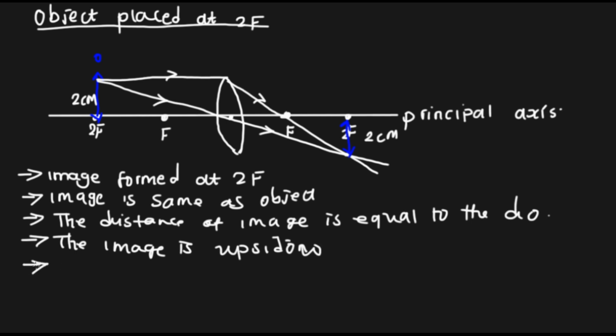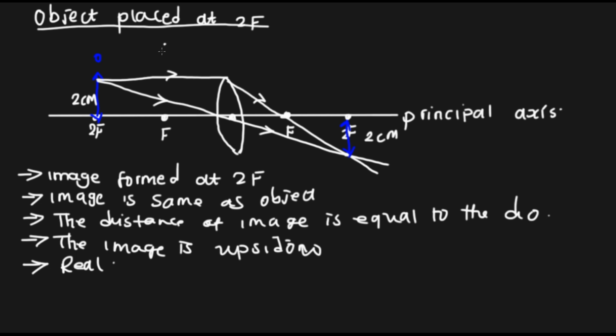Then we can summarize by saying the image is real. Right, so this is what we are expected to do if you are drawing what we call a ray diagram. So what we are just doing is we are moving an object from one point to another, then also focusing on what is happening to the image formed.